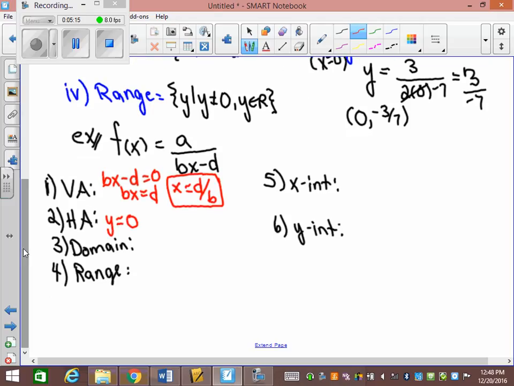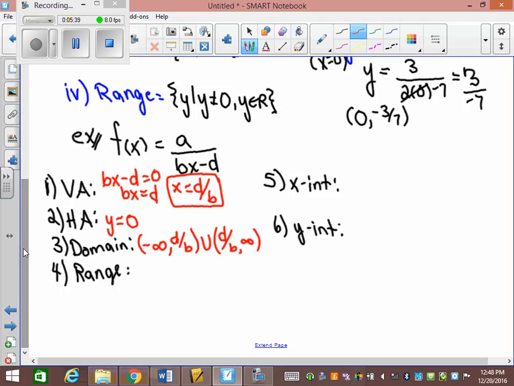The domain, if I do interval notation, it's going to be from negative infinity to d over b, round bracket because it's not equal to that, because that's where the asymptote's at, or d over b to positive infinity. This little symbol is a union symbol. It means or. You can't say and because you can't be here and here. It's on two separate sides, right?